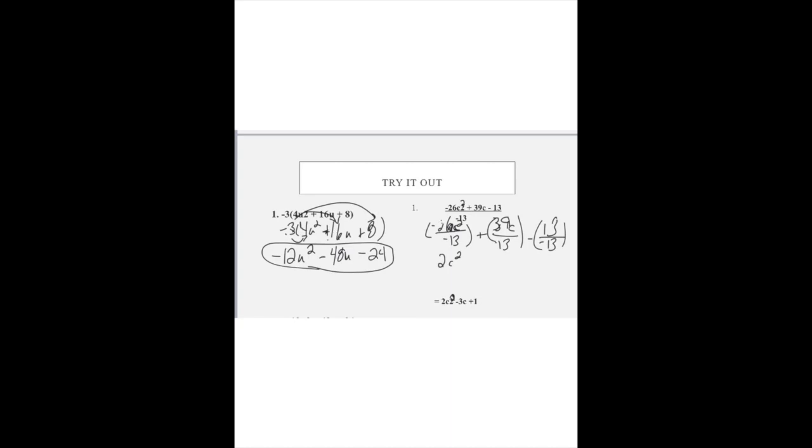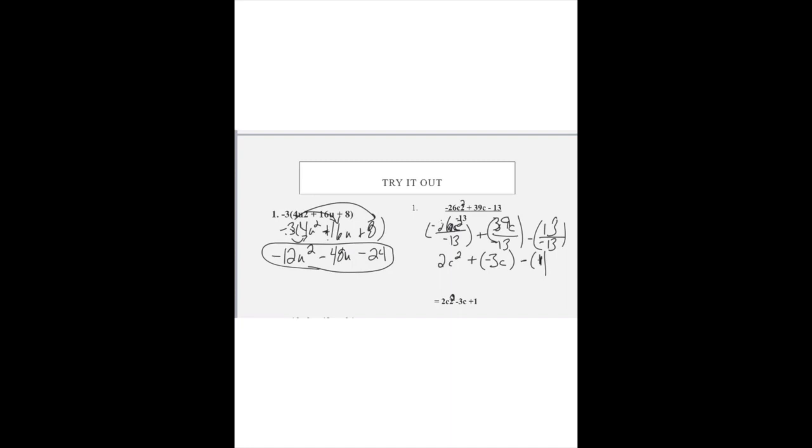The c squared continues down. Plus, 39 divided by -13 gives -3c. And then minus, we have 13 divided by -13, which is 1. I'll talk about that further.